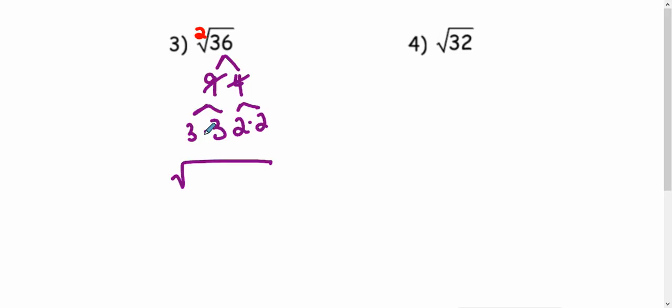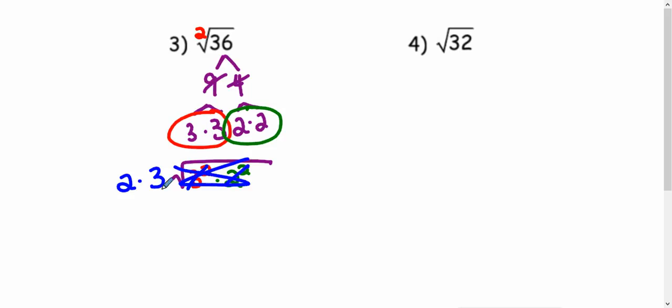My index is 2. So I'm looking for pairs of 2. So here I have 3 to the second power, and I can also write this as 2 to the second power. Now, because I have this second power, I can move the base of 3 outside, and I can move this base of 2 outside. So I have nothing left inside the square root. Square root is gone. What's 2 times 3? So the square root of 36 is 6.